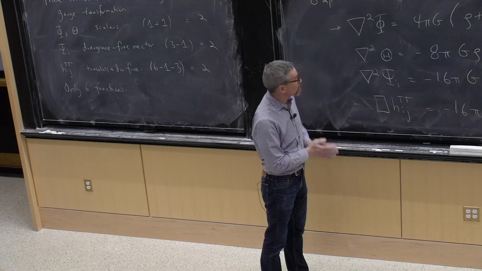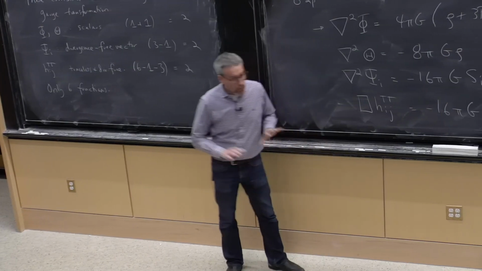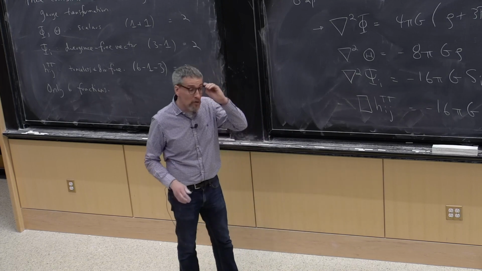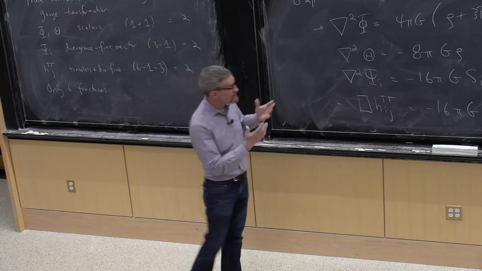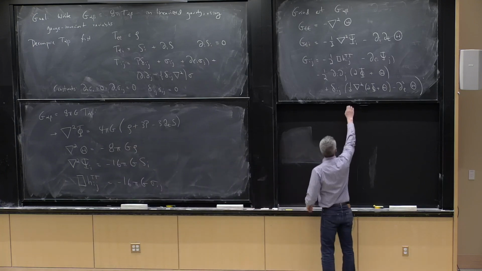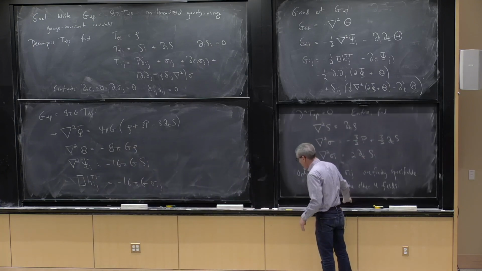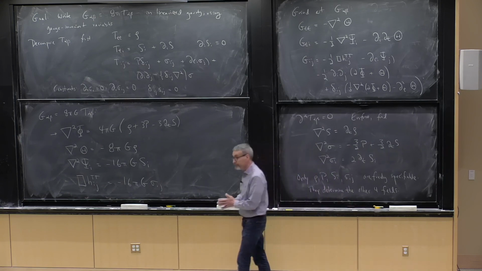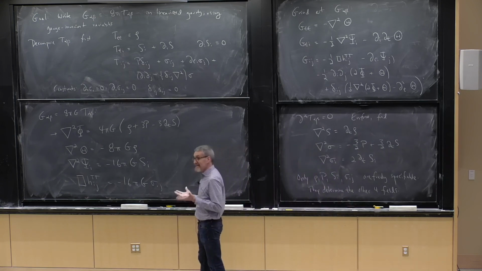Now I want to make a couple of remarks about this. Part of the motivation for this entire lecture was this observation that when we solved the field equations using the radiative Green's function, by construction, the entire space-time solution had this radiative character.